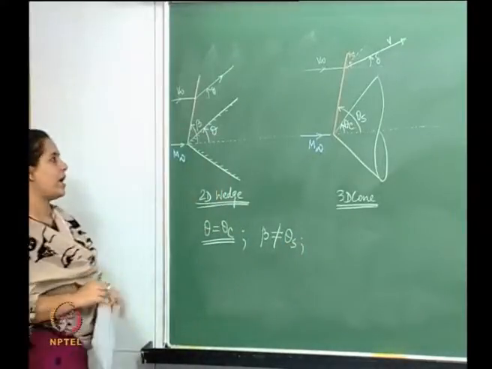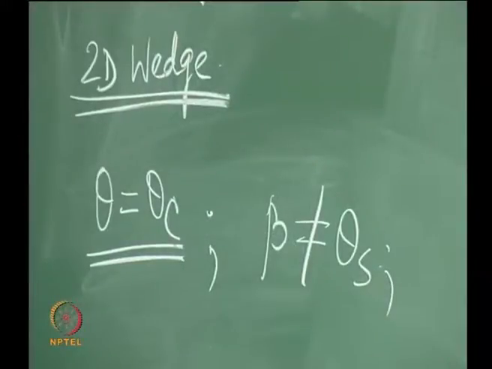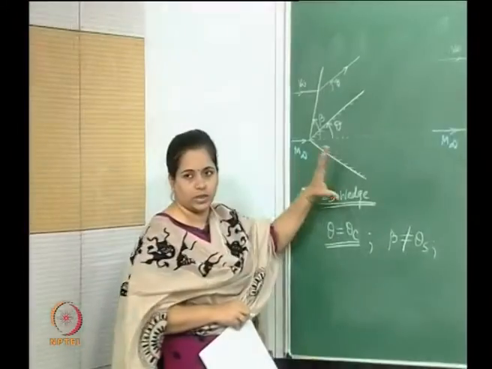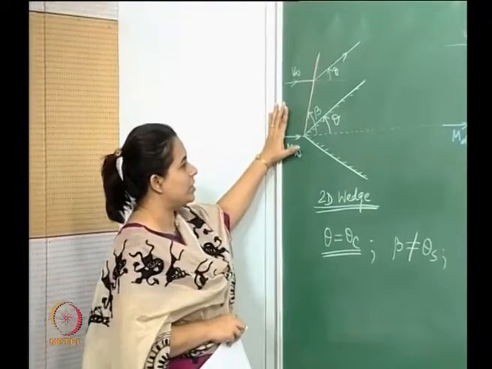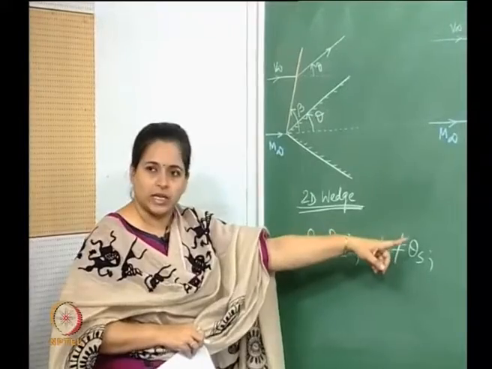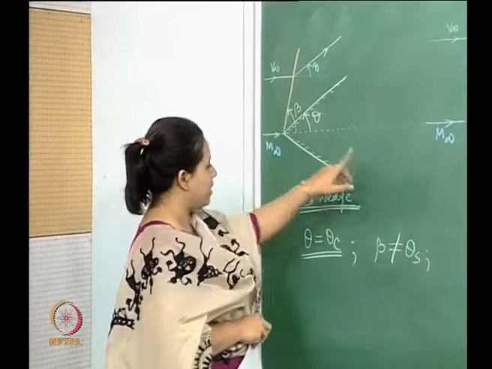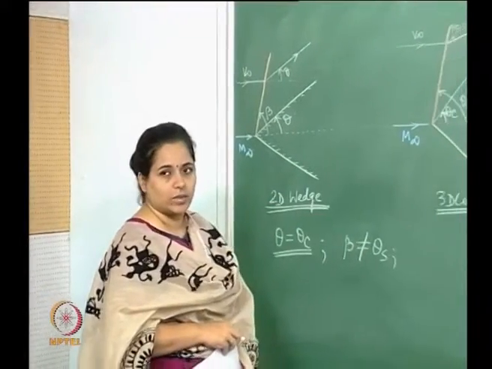The shock wave angle, of course, is not the same. If you have a 2D wedge, the shock wave angle is going to be different than if you have a 3D cone. So this beta and this theta s are not the same.